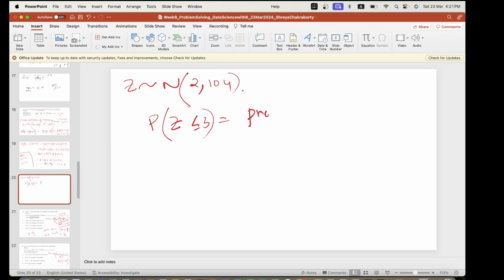For this we'll write p norm, give the value 3, mean will be 2 and SD will be square root of 104. Whatever is the answer, that is the probability z less than or equal to 3.